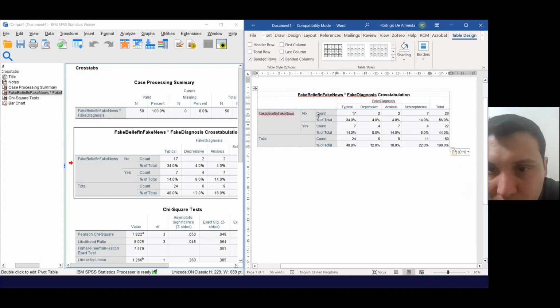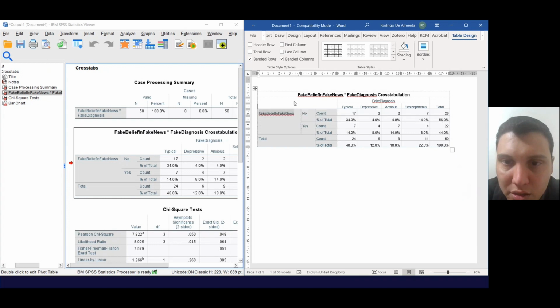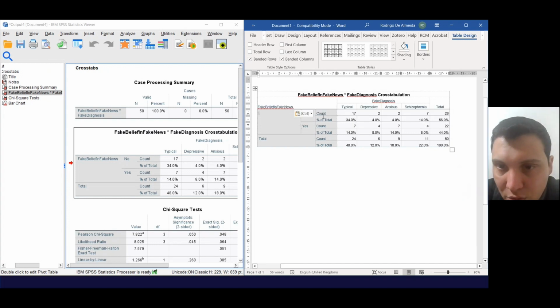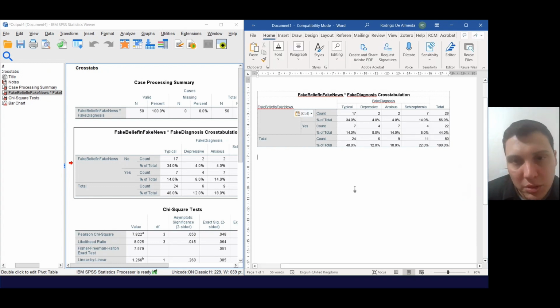We have these three columns with no separation in here. This is going to be complicated to edit because we want to get rid of these many columns. We just want to show fake beliefs up here, and yes or no, that's all. We don't want to have counts and percentages. So for us to edit all of that in here, that's going to be a little bit complicated.